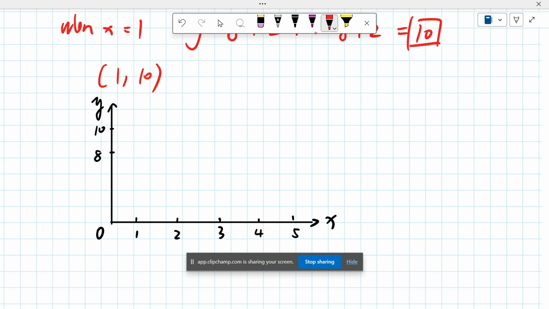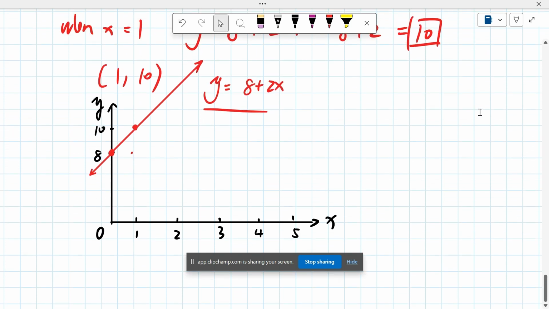The first point is (0, 8) and the second point is (1, 10). We mark them, good job, and then connect those 2 points, going a little bit further. This is our straight line, and it's called y equals 8 plus 2x. Label the line and the equation. This is how you sketch the graph.